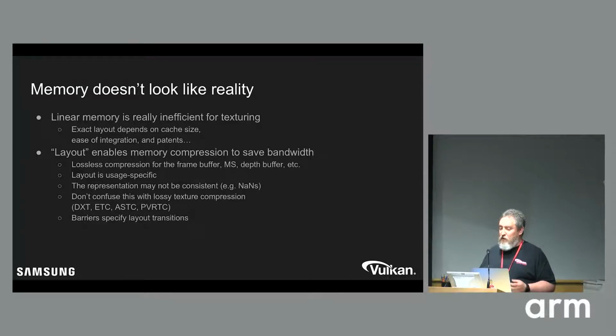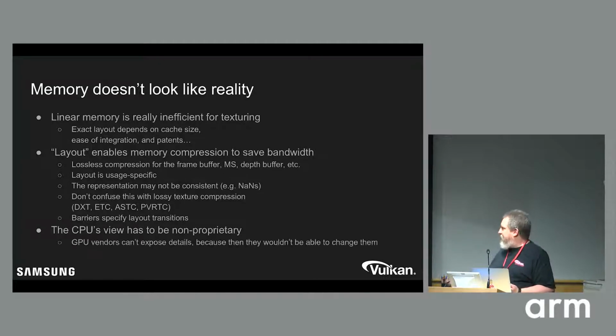And because the GPU needs to know what kind of memory it's dealing with and what you're trying to do with it, that's one of the uses of barriers. You can indicate the transition point between two different layouts and two different uses of a block of memory. The CPU has to see the memory as well, and that can't have this proprietary view because you need to know what you're looking at.